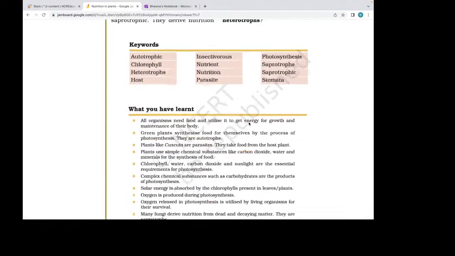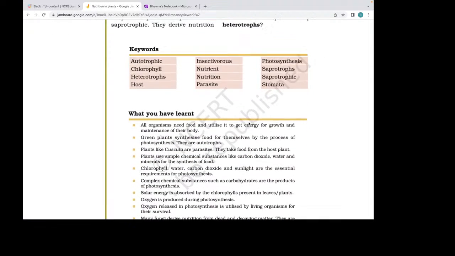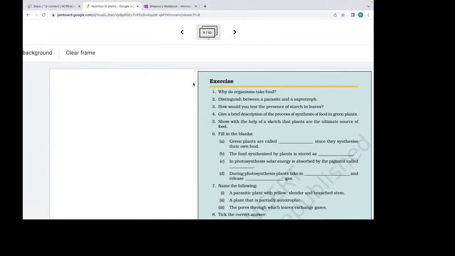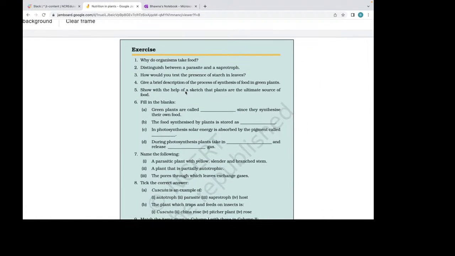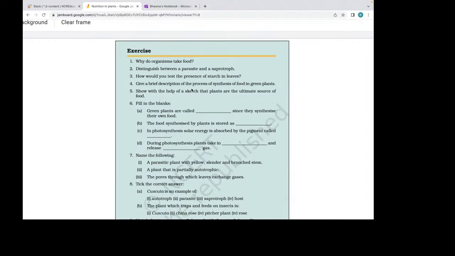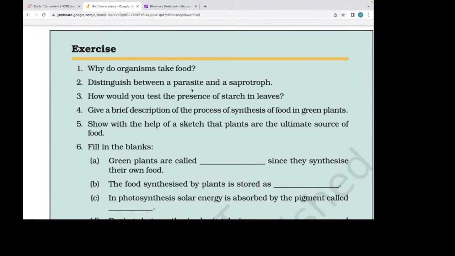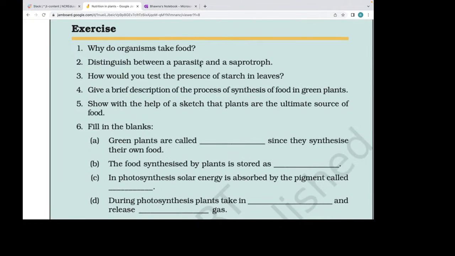Okay, so now there are some questions. Let's take them and let's try to do them. So हमने जो भी अपने चैप्टर में सीखा है, let's quickly recall all of them through this exercise. Why do organisms take food?